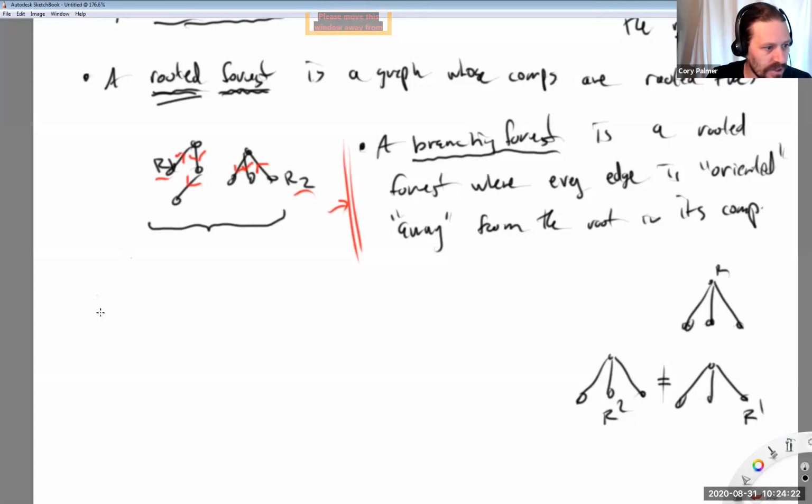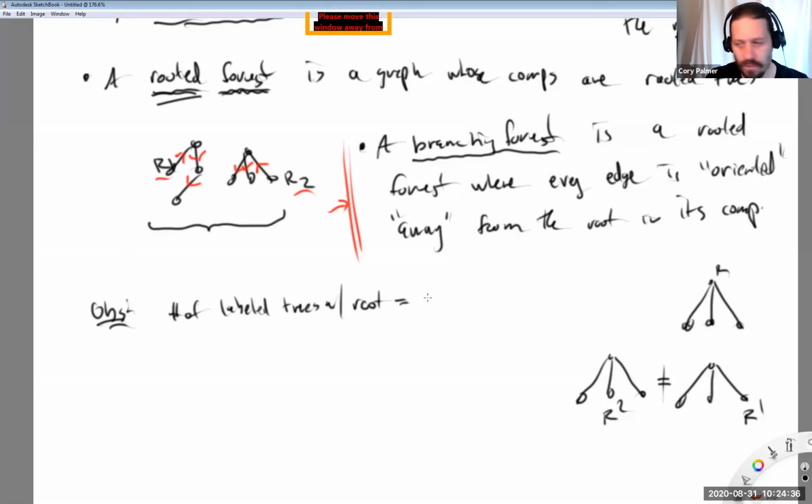Okay, so let me just make one observation real quick. The number of labeled trees with root equals, we already mentioned this, n times the number of labeled trees. Both of these on n vertices, right? We just discussed this a moment ago.